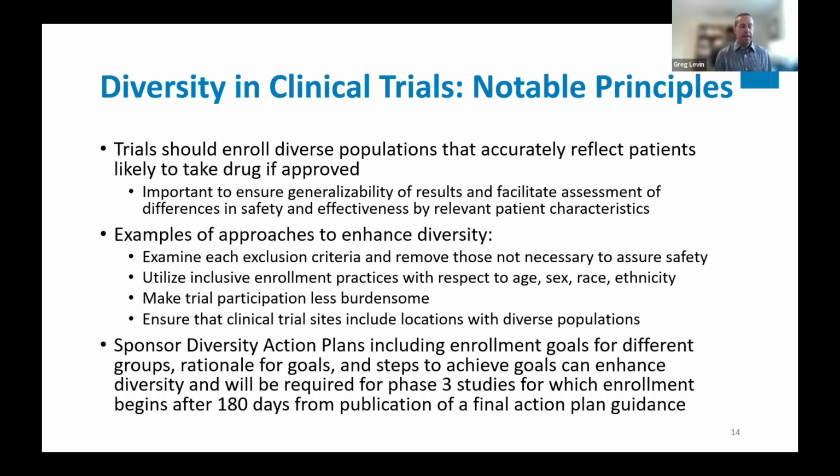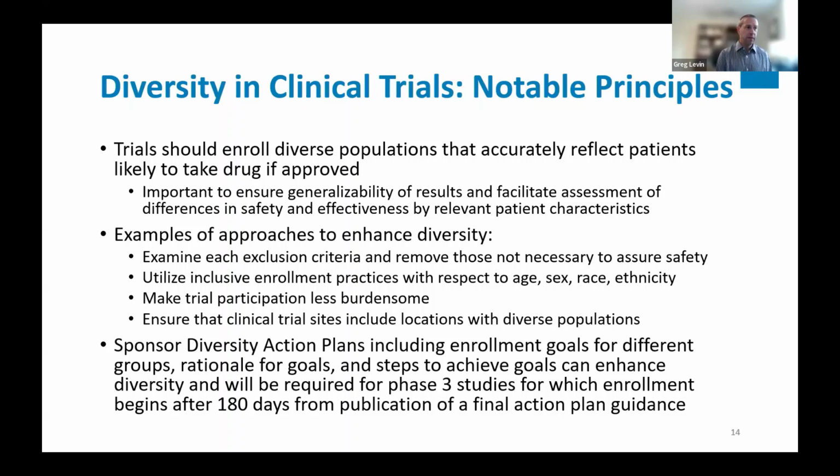The guidances highlight some examples of approaches that can be used by sponsors to enhance diversity. These include going through each exclusion criterion in a draft clinical trial protocol, and one by one trying to remove those unless they're absolutely necessary to assure patient safety.